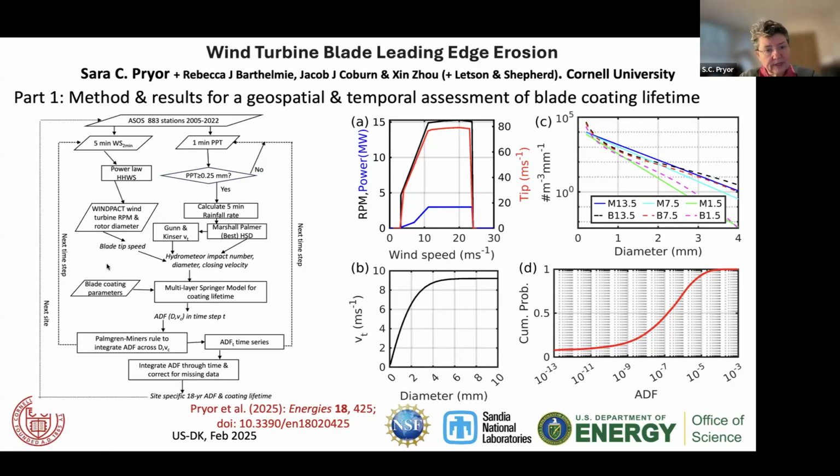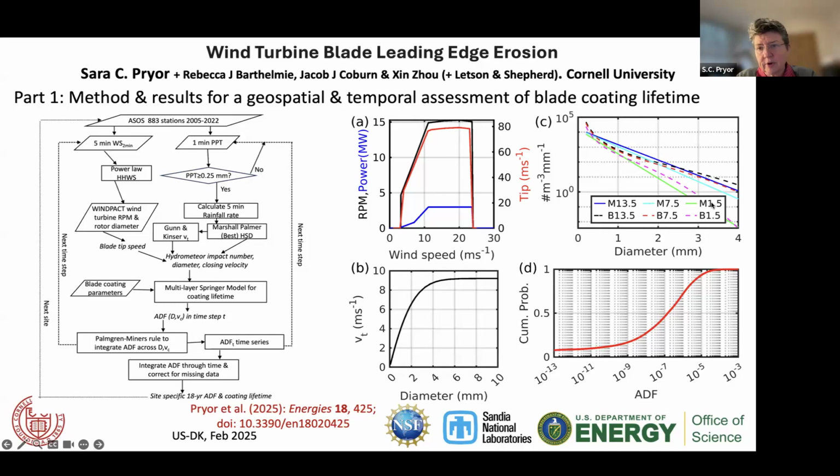Because the coating lifetime model that I use is the multi-layer Springer model, which requires droplet size distributions, I then take that rainfall rate and convert it into a number of droplets of different sizes. So that's what's shown in panel C here, where we've got 2 different droplet size distributions that will be very familiar to the atmospheric scientists.